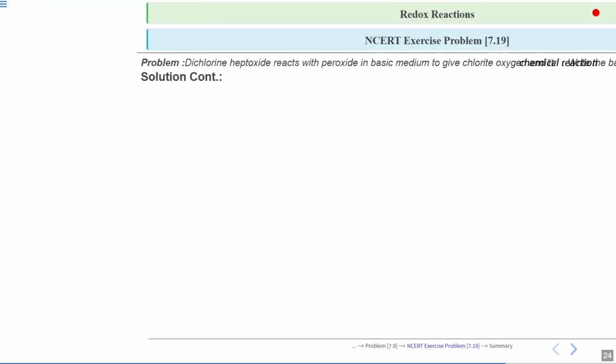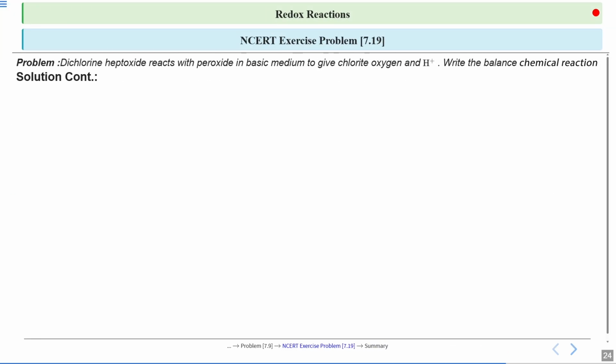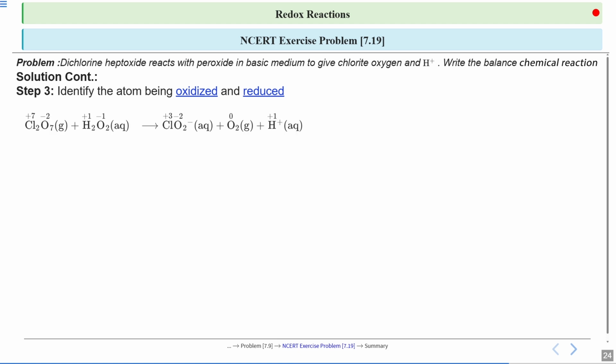So after writing the skeletal equation and assigning the oxidation number, our third step is to identify the atom which are being oxidized and reduced. So in this reaction, we can clearly see that in the chlorine it is plus 7, while in the product it is plus 3. Same here you will also clearly see the change in the oxidation number.